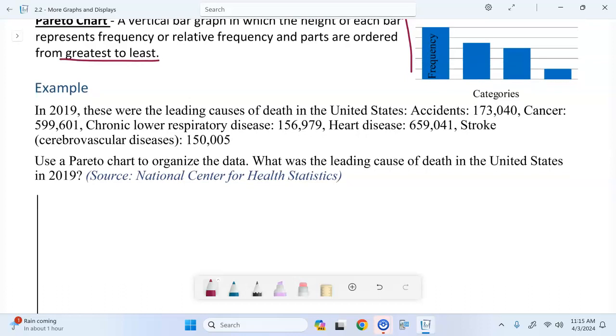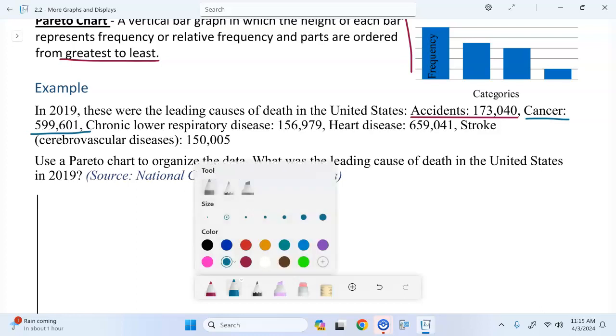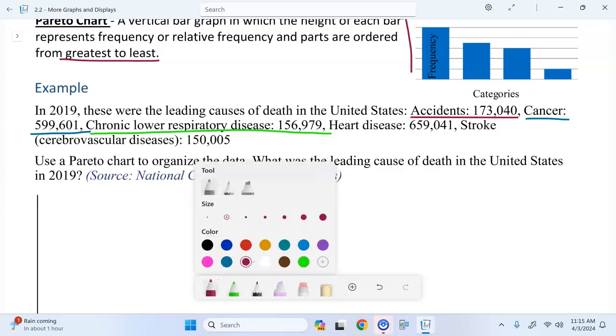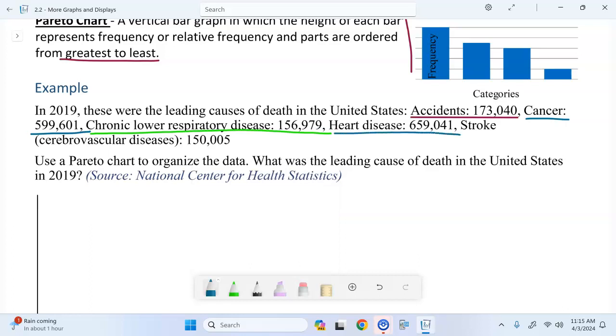We have accidents at about 173,000. We have cancer at almost 600,000. We have lower respiratory disease at 156,000. We have heart disease at 660,000, and then that leaves us with strokes at 150,000.